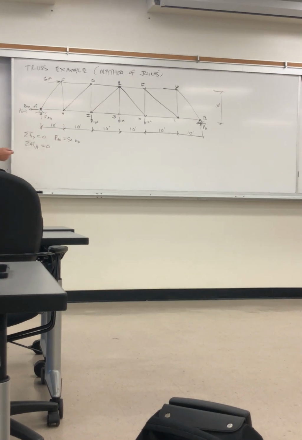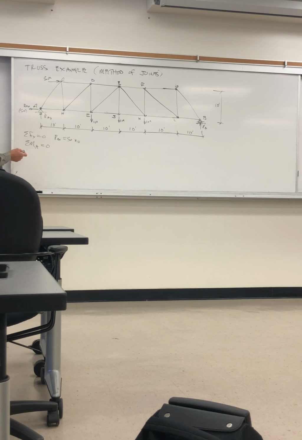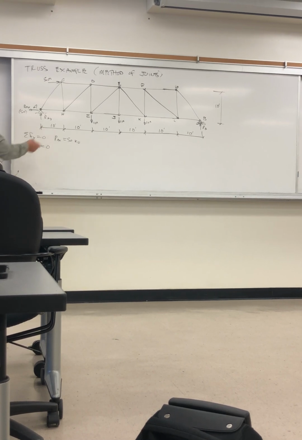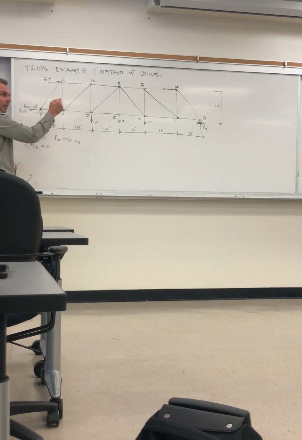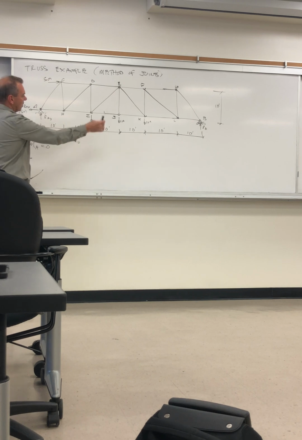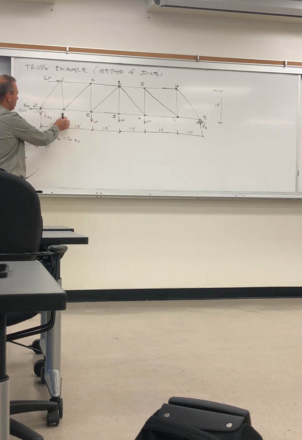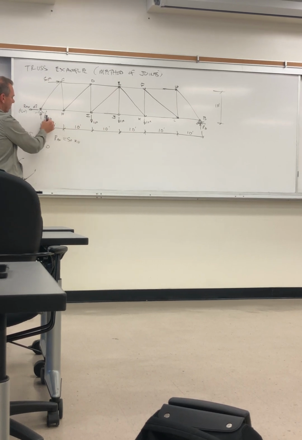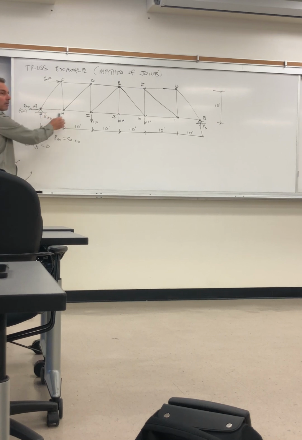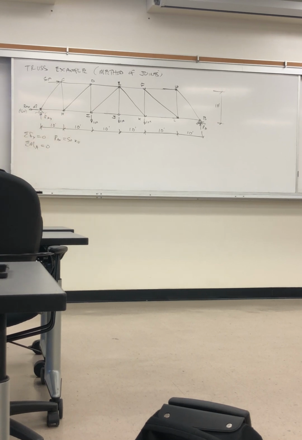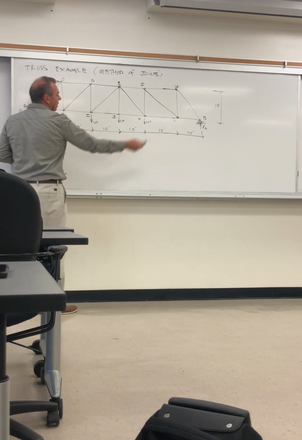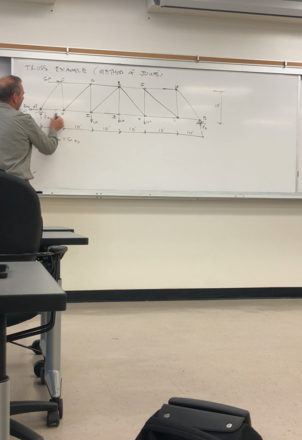The reason you're taking it there and not, let's say, at H is because if I sum moments about an axis coming out of H, I would have to include R sub B multiplied by the distance to that location, but I'd also have to include the unknown R sub AY times that distance as part of the moment equation. I would have this 50 times this height, the R sub B times the distance here, and the R sub AY.